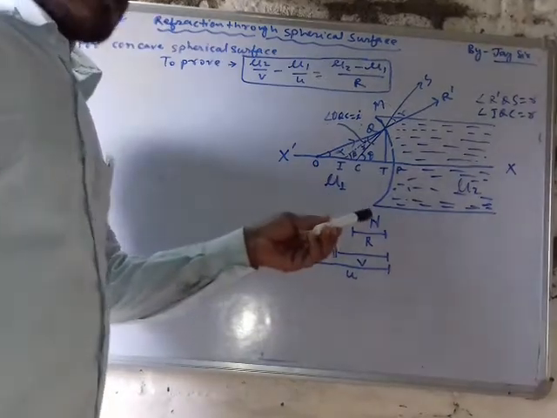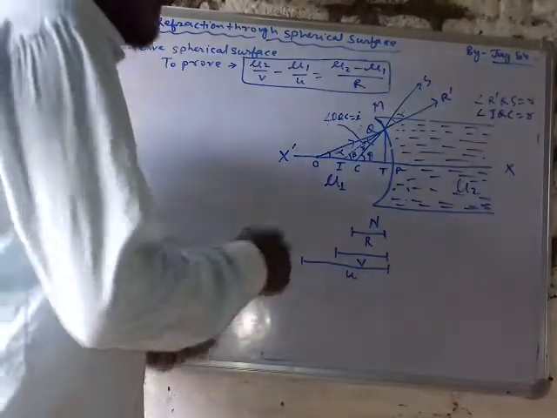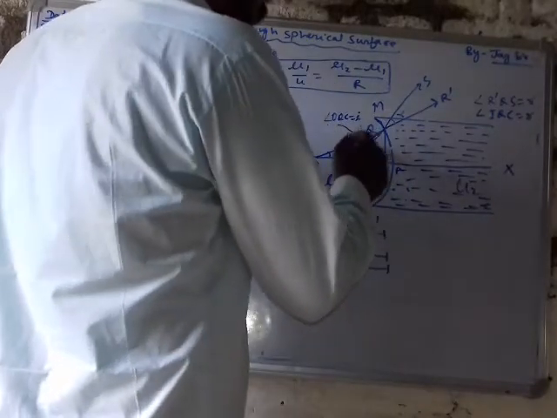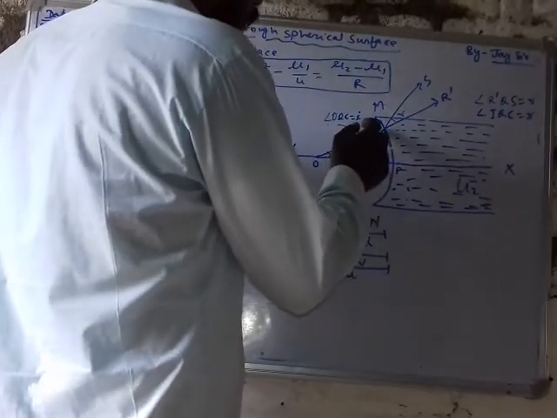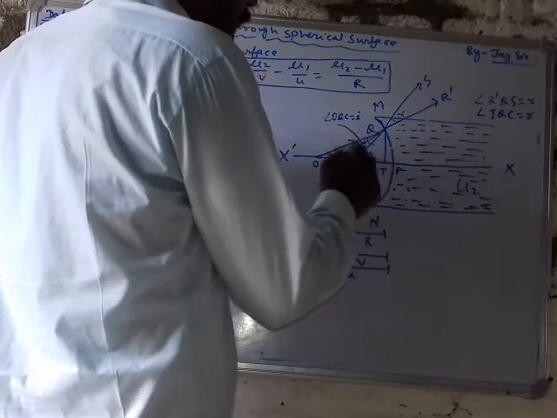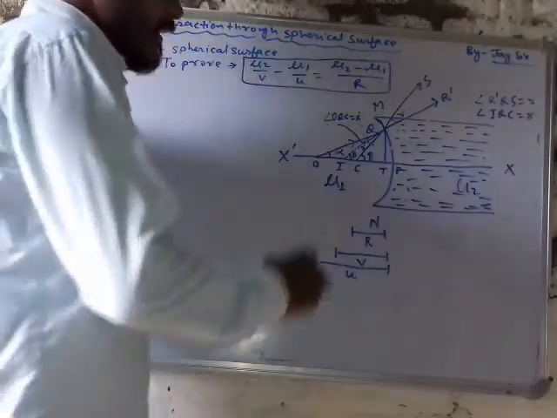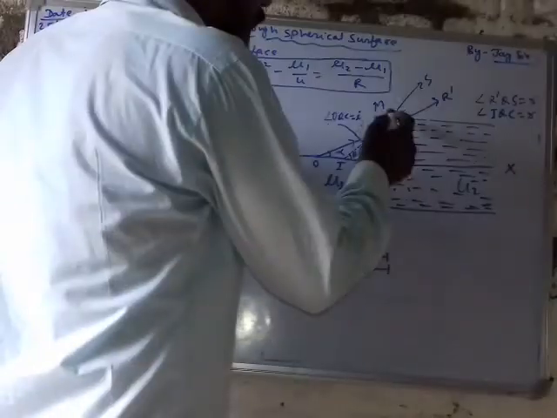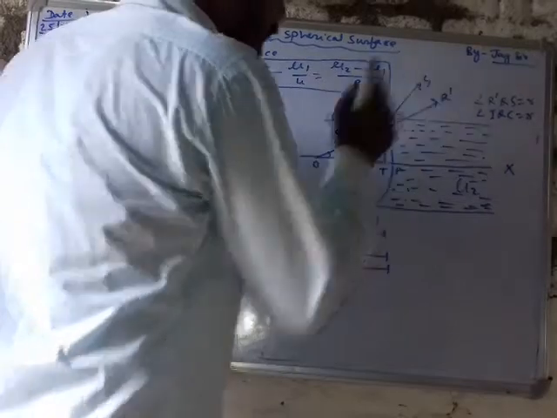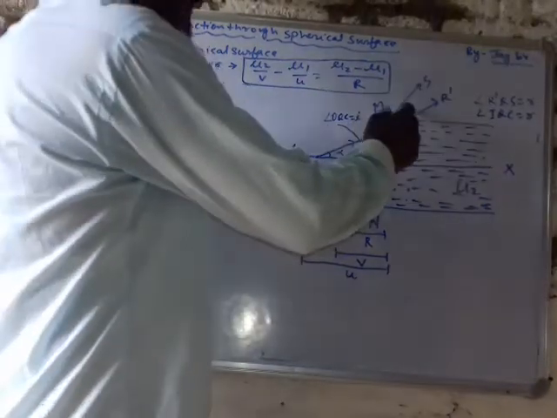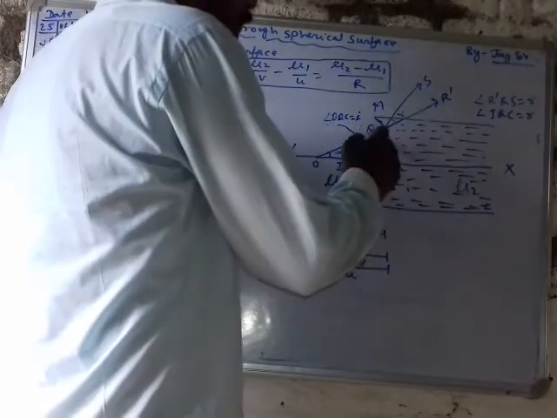You can clearly see that OQ is the incident light, so angle OQC is the angle of incidence, and angle R dash QS is the angle of refraction.